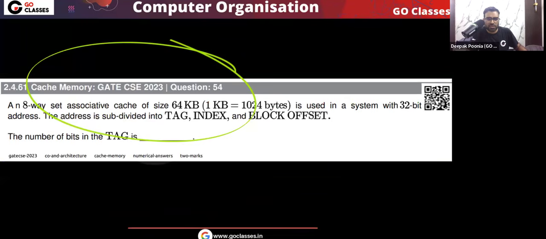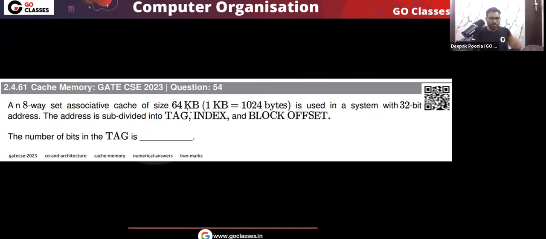Let's solve GATE 2023. An 8-way set associative cache of size 64 KB. 1 KB means 1024 bytes, which means 2 power 10 bytes. So this set associative cache is used in a system with a 32-bit address.